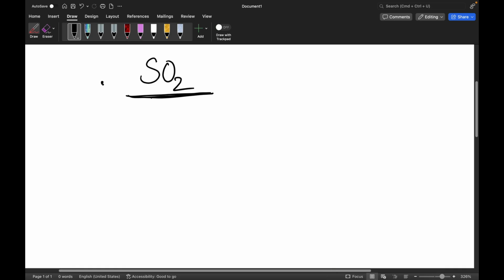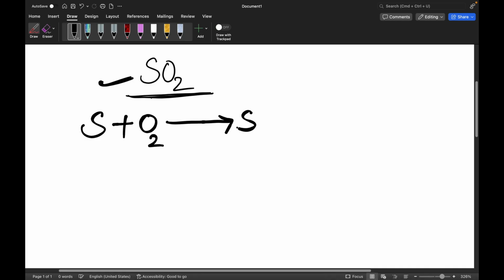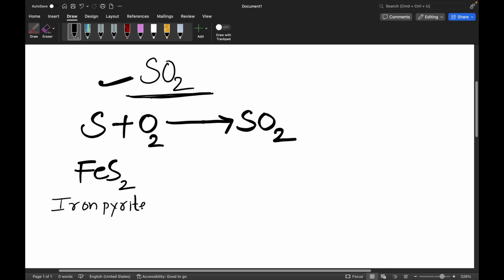राइट सो सल्फर डाइऑक्साइड का प्रिपरेशन भी चेक करेंगे. Sulfur when burnt in excess oxygen, sulfur dioxide is formed. Sulfur reacts with oxygen and forms sulfur dioxide. Another reaction: iron pyrites, FeS2. So this ore is known as iron pyrites.